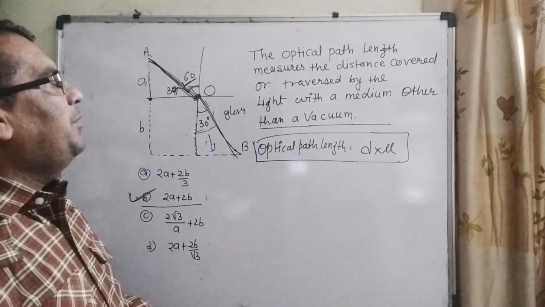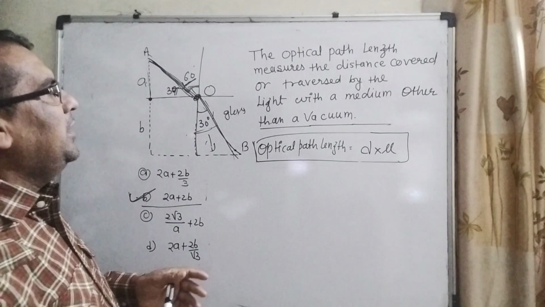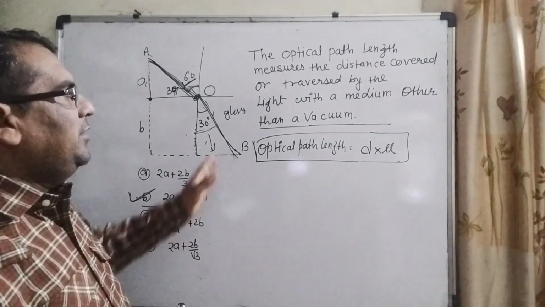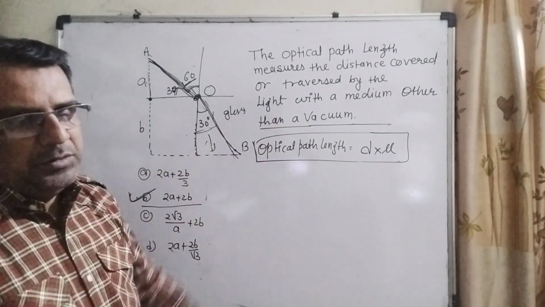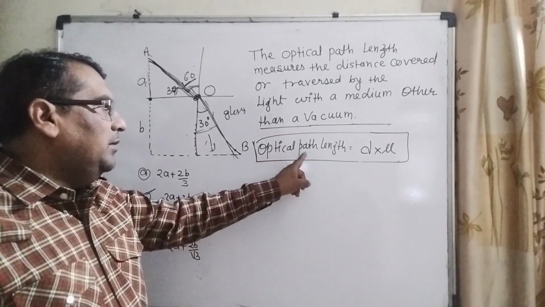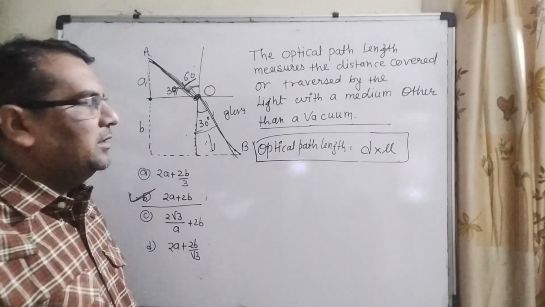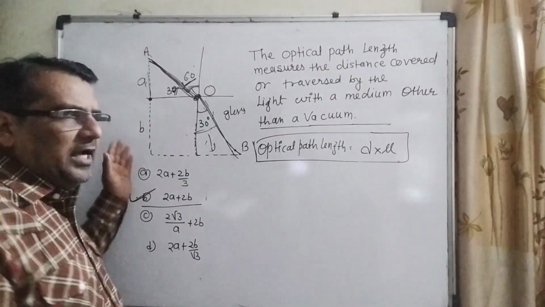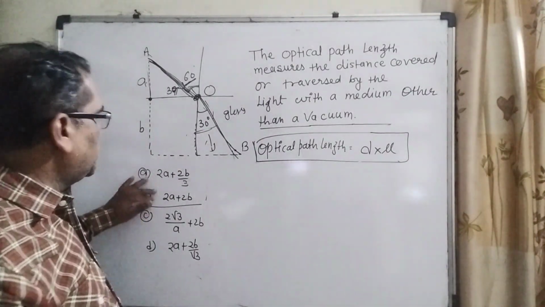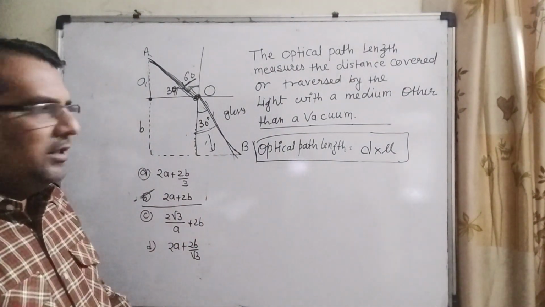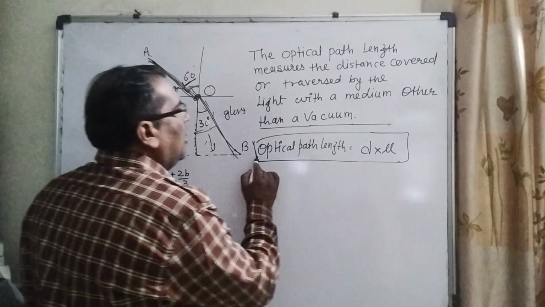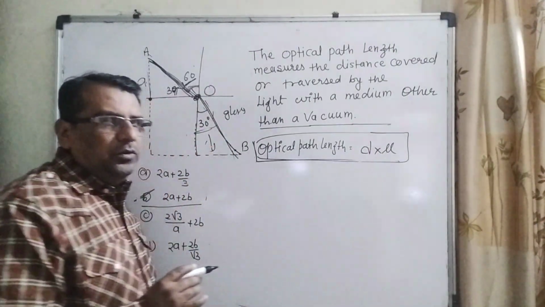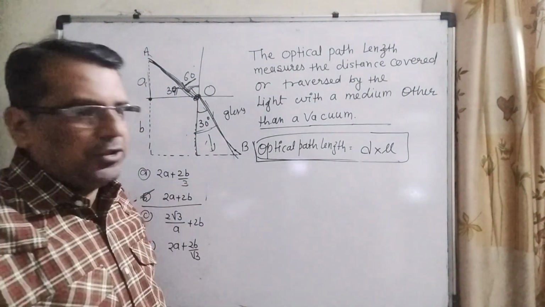It means the optical path length measures the distance travelled by light in a medium other than vacuum. So this question is based only on concept. Remember: optical path length equals distance into refractive index.